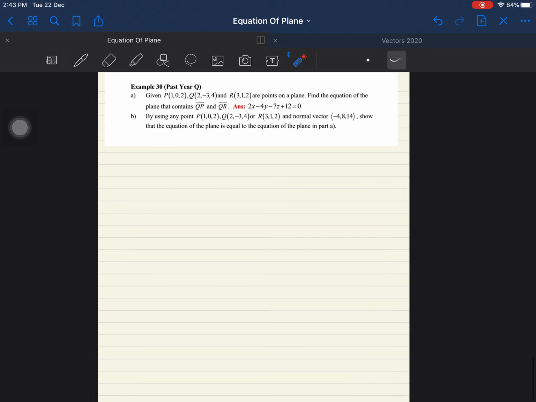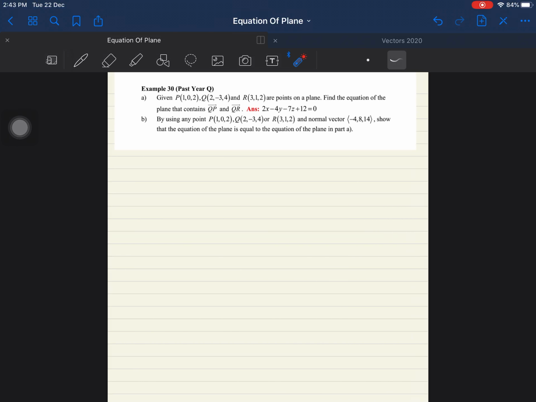Okay, the last one. This is the passive question. So given P, Q and R are points on a plane, find the equation of the plane that contain Q, P and Q, R. So here dia dah bagi guide dekat awak. Okay, so dia kata cari equation of the plane that contain QP and QR. Okay, so kalau you tengok, you ada 3 point dekat sini.